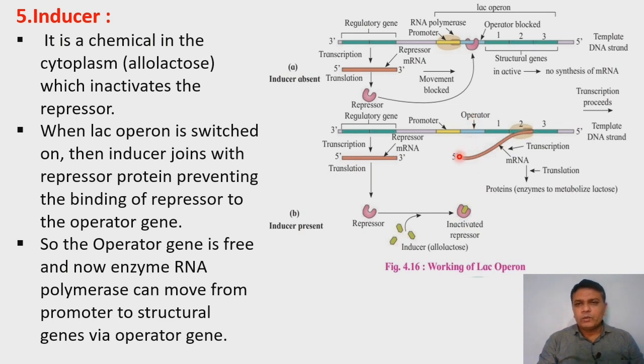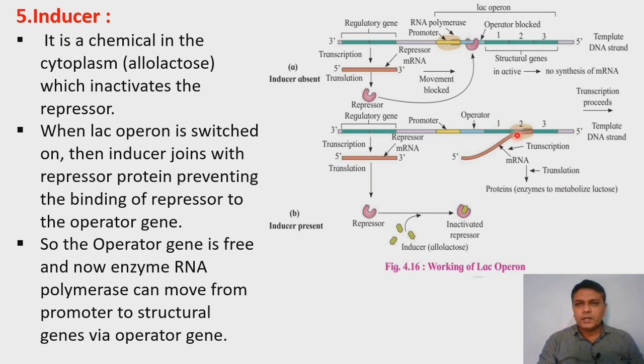So now the operator gene becomes free and the enzyme RNA polymerase, which binds to the promoter, can move from the promoter to the structural genes through this operator gene and carry out the process of transcription.